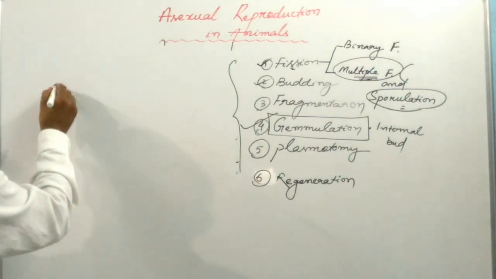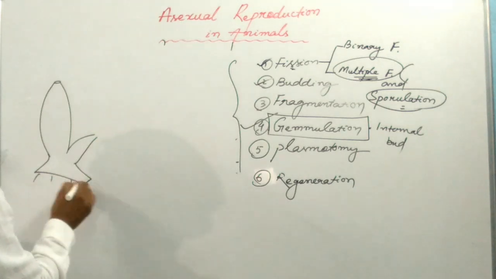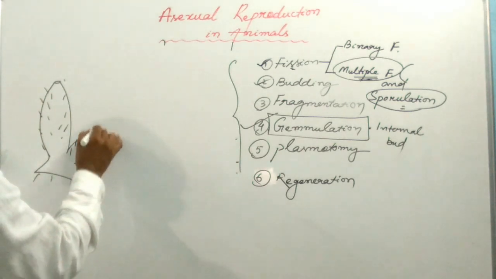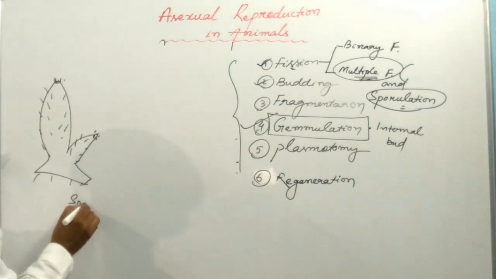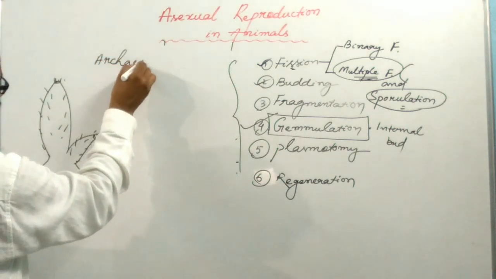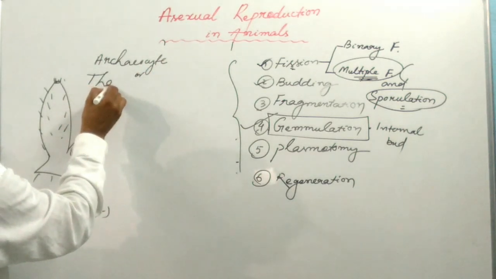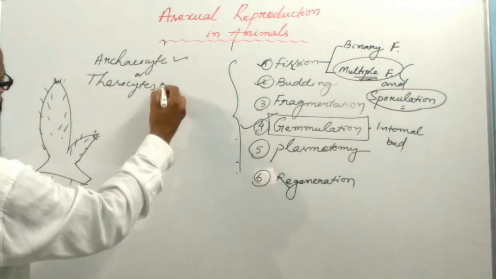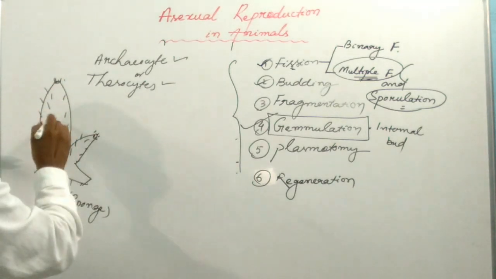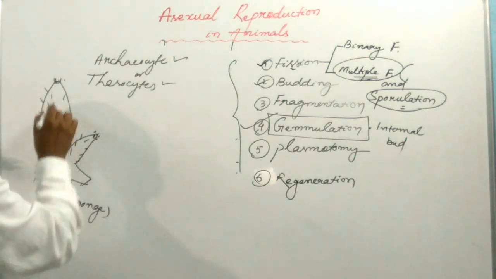In the gemmulation process, in unfavorable condition, suppose that this is the sponge or Scypha, some special types of cells present in sponge like archaeocytes or thesocytes, these archaeocyte cells and thesocyte cells inside the sponge in unfavorable condition group together and form a ball-like structure.